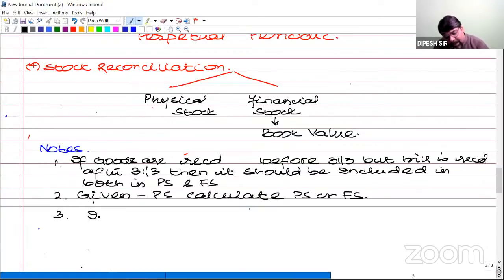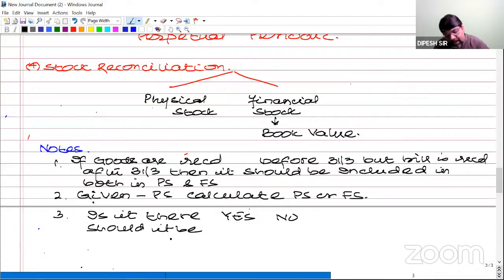Always ask two questions. Is it there? Your answer can be yes, your answer can be no. Should it be there? The answer can be no, the answer can be yes. Is it there? Yes. Should it be there?